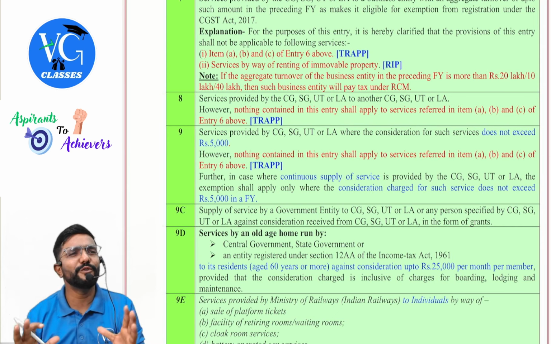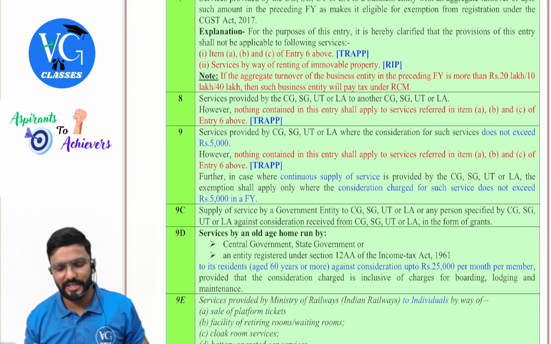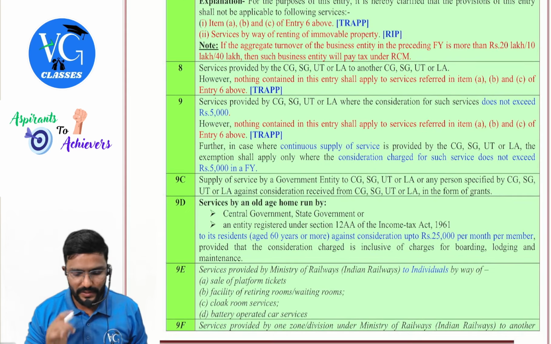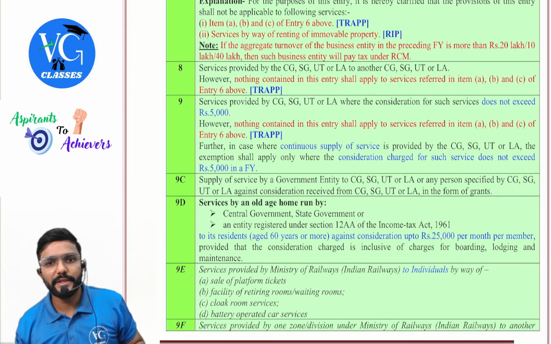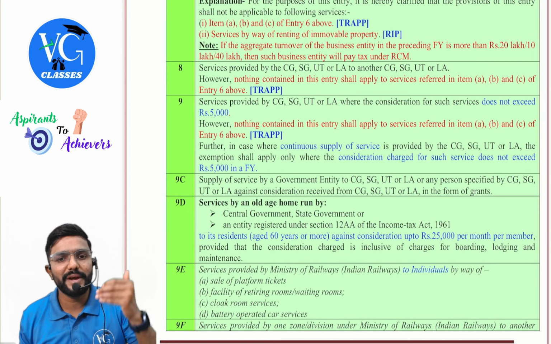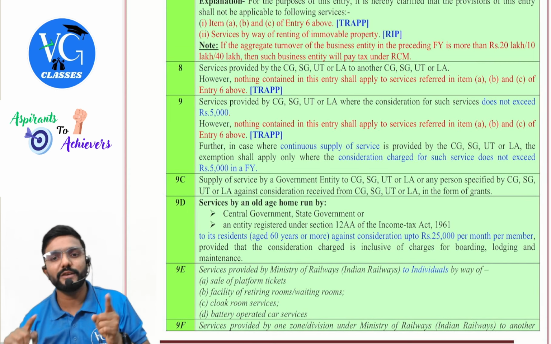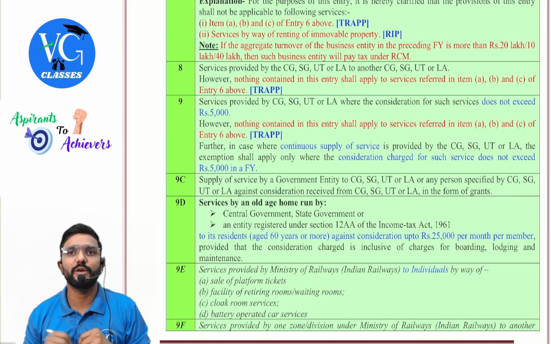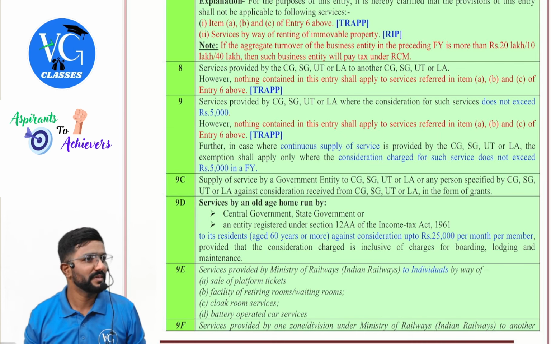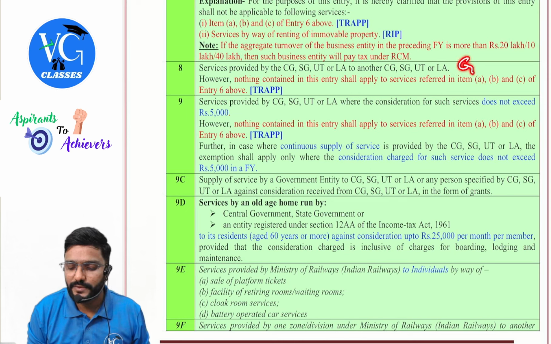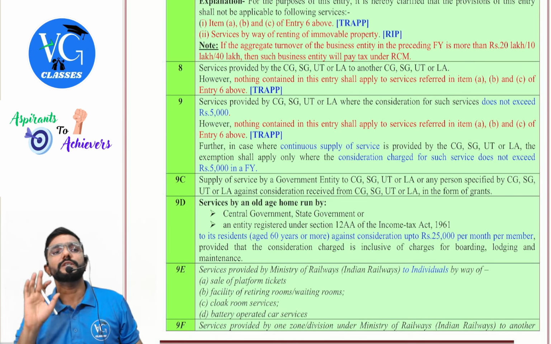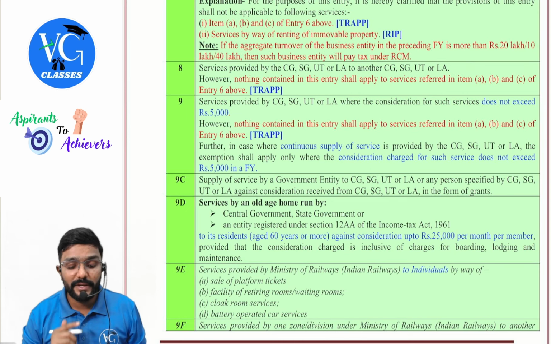Okay, I have made one beautiful chart. After all this, we will go and visit that, covering all this. Eighth one. Services provided by central government, state government, union territory or local authority to another central government, state government, union territory or local authority. Government to government, G to G. Sir, please be careful.